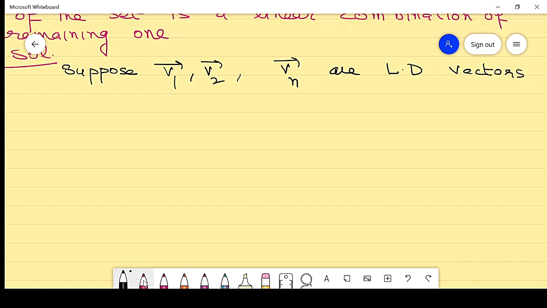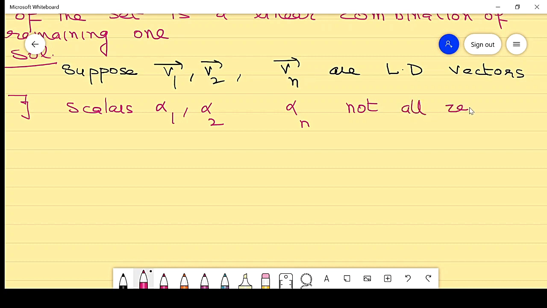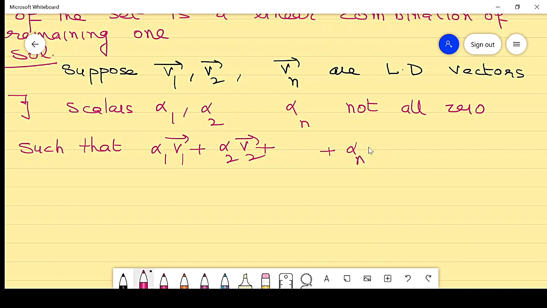Now by definition, there exist scalars alpha 1, alpha 2, alpha n, not all 0, such that alpha 1 v1 plus alpha 2 v2 plus alpha n vn is equal to 0.